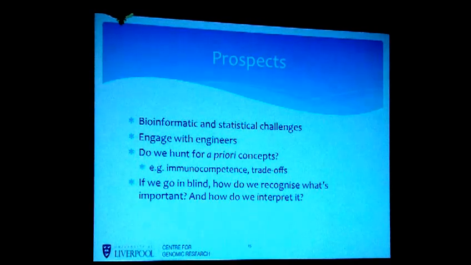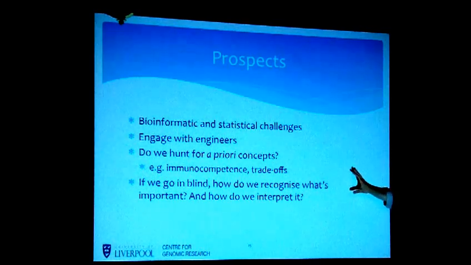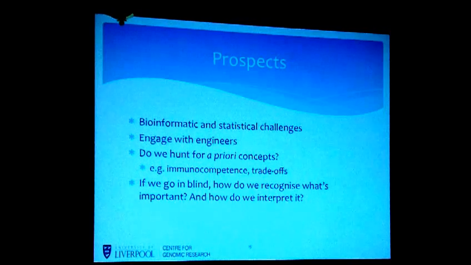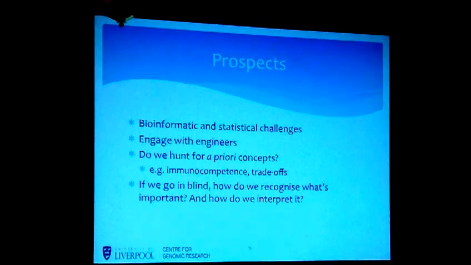Given the multiplicity of different immune responses, is it a single thing that we can define as immunocompetence, or do we measure a whole suite of different genotypes and phenotypes, and then try to recognise post hoc what's important in terms of those pinch points that I showed in the previous graph? I think those are challenges in terms of interpreting the data, and also in designing those kinds of studies. So that's as much as I've got to say.